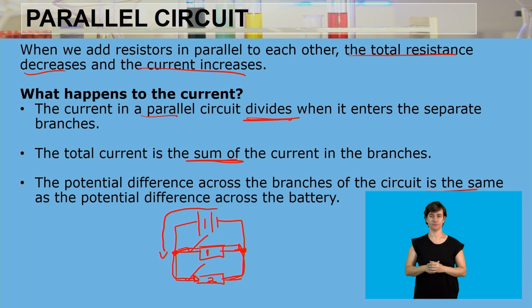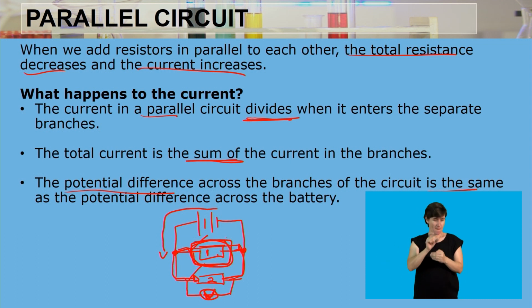Now the third bullet says this: the potential difference across the branches of the circuit is the same as the potential difference across the battery. So if we connect a voltmeter across this particular resistor, the voltmeter will register a potential difference, and it is going to be the same as if we were to measure the potential difference across this other resistor here.